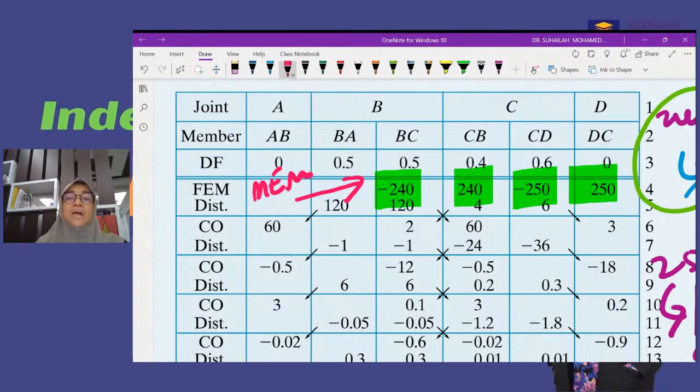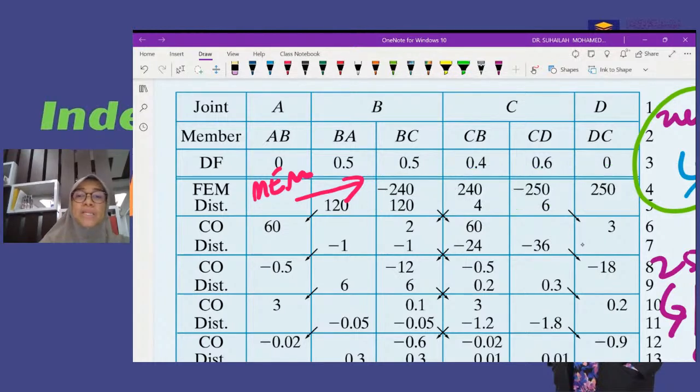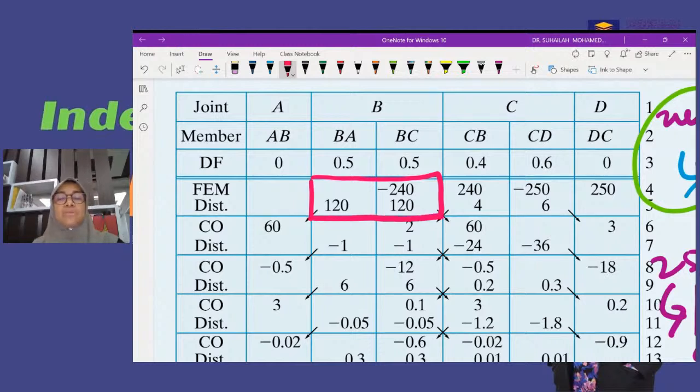So we need to distribute the joint moment, and remember that the total must equal 0. So the total joint moment at joint B is actually equal to 0 plus negative 240.